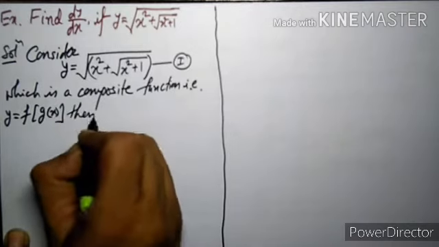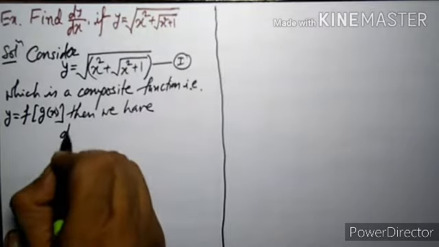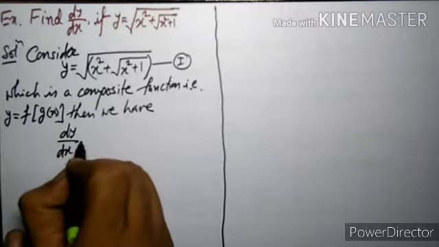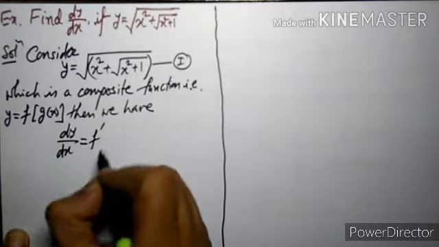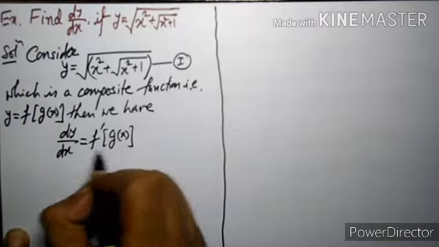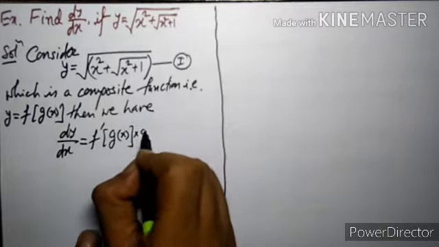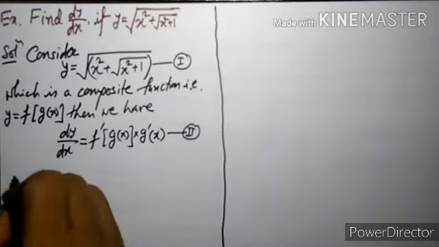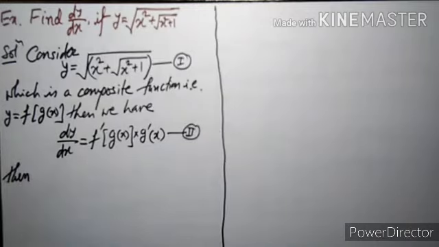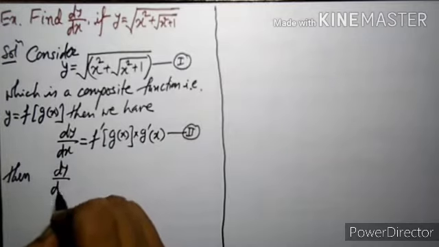Then we know the formula for derivative. dy by dx is derivative of outer function, that is f dash, keeping inner function as it is inside it, into multiplying it by the derivative of inner function. So I'll call this as 2. So see how we can use here. Then dy by dx for first equation first.